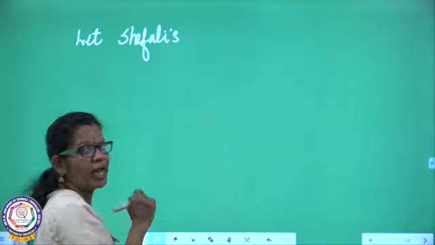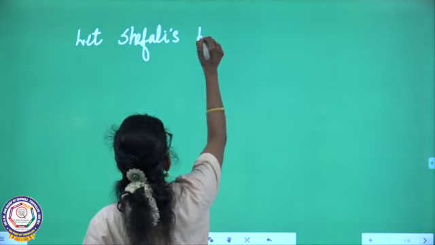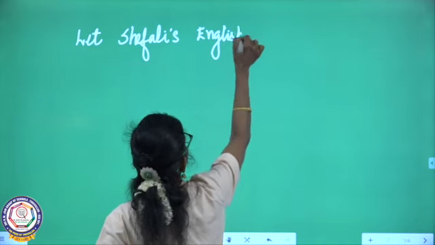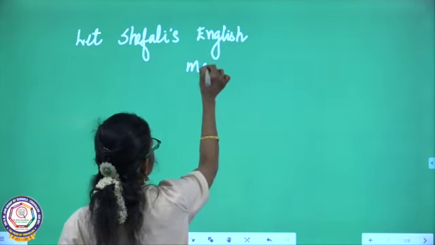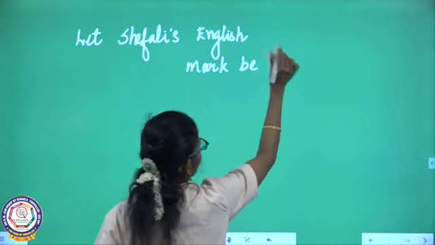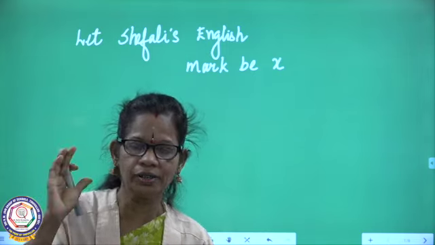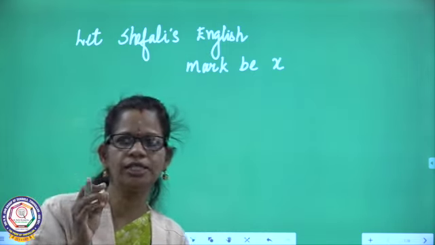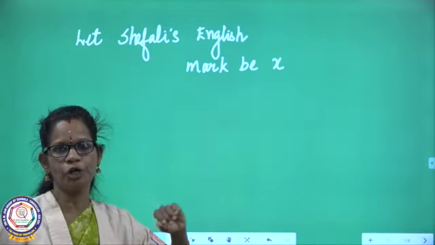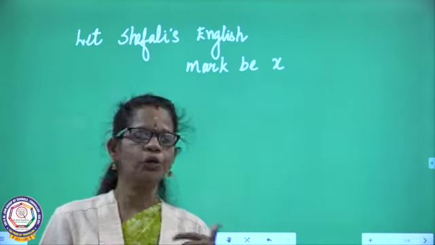Now I am going to take English as x, right? Here you cannot use any units. It is a numeral, or you can say a number. A number cannot be represented by any unit. If it is length, breadth, height, then we can use units.